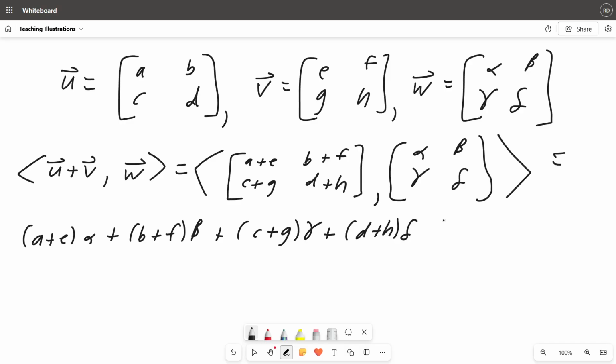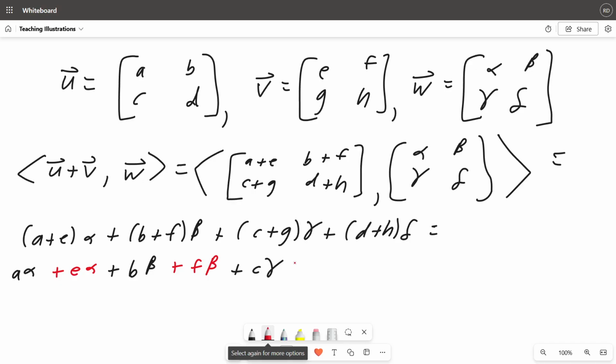And then distribute this, because they're real numbers. A alpha, let me do some colors here, plus E alpha, plus B beta, plus F beta, plus C gamma, plus G gamma, plus D delta, plus H delta.